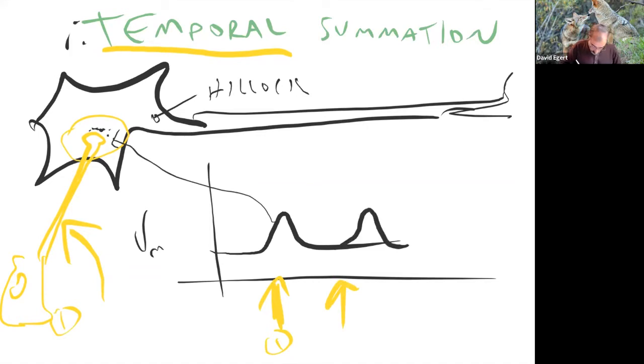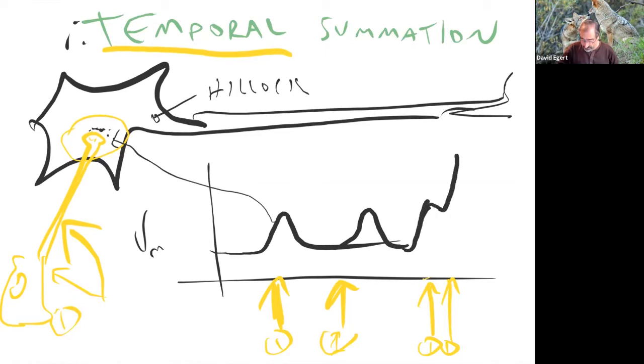Temporal summation is what if I hit this one in quick succession? So boom, but then boom. The same synapse, but I'm hitting it in quick succession. So I'm letting in some cations, but before it has a chance to resolve, I hit it again and it kind of dog piles. So temporal summation is this dogpiling of the stimulus.